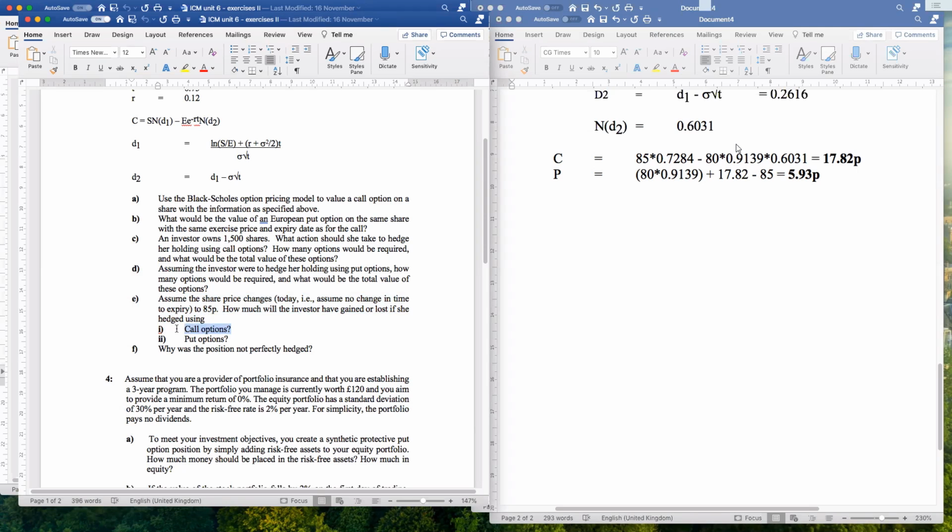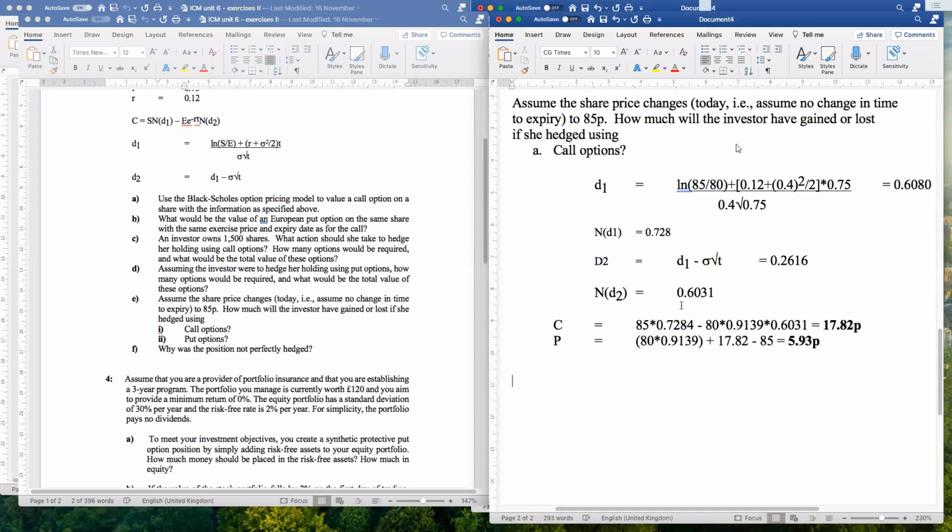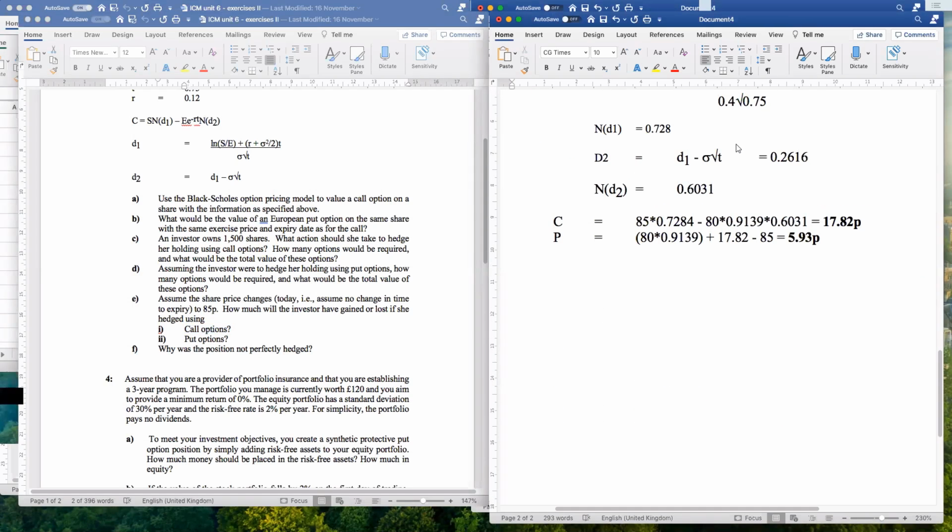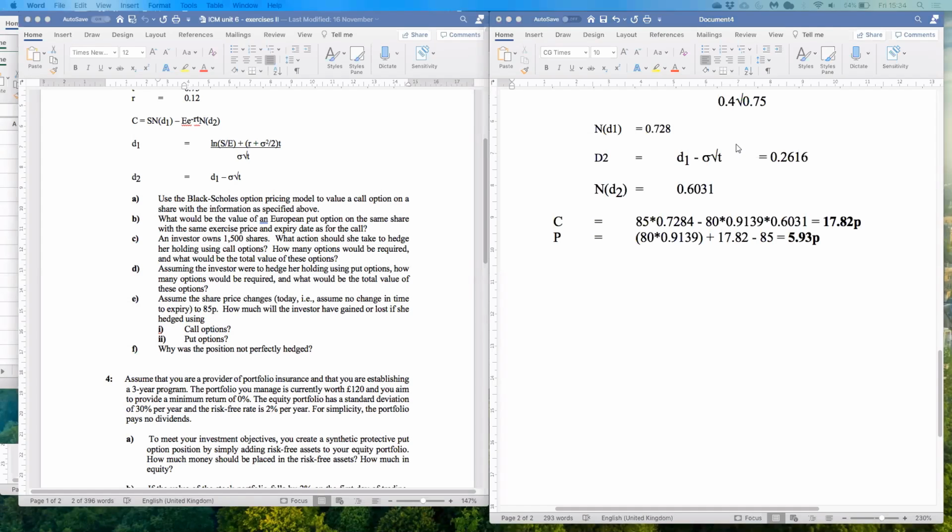So what if we want to hedge using the call option? It's similar to the previous equation. 1,500 shares multiplied by 0.90 is the stock value.